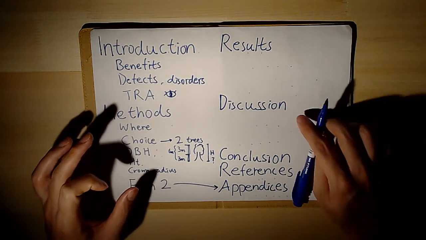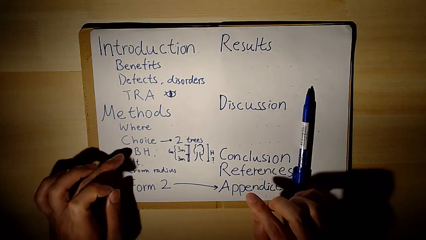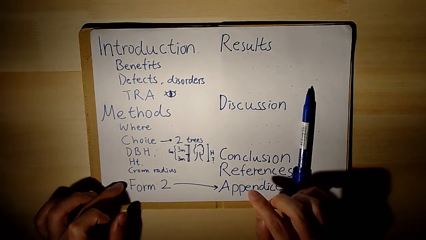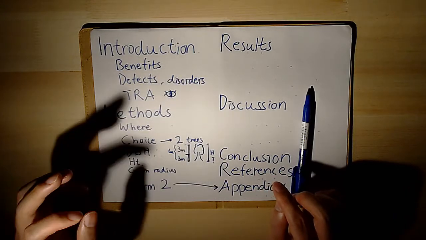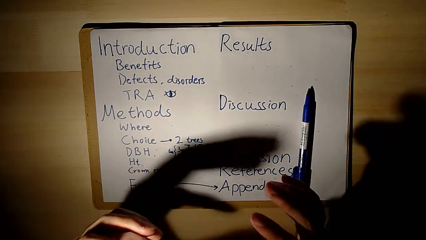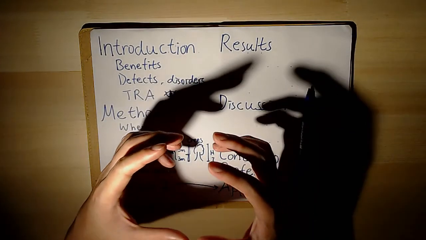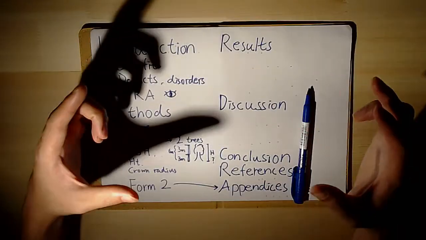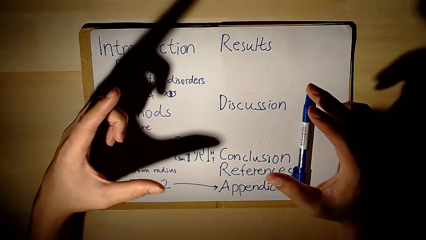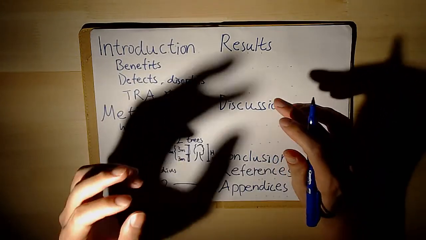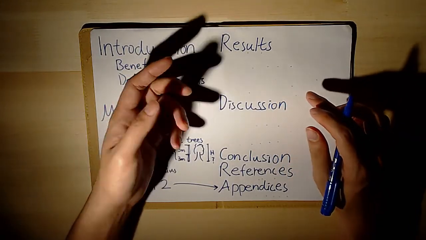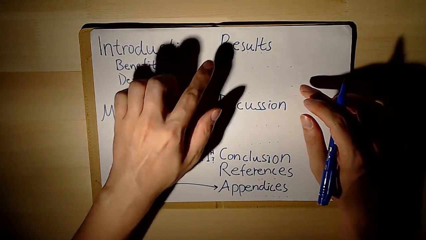And you have gathered the measurements and the tree risk assessment results. Remember to take a lot of photographs of the tree itself and the area or the environment around the tree. That would be useful for the writing of this part, the results.